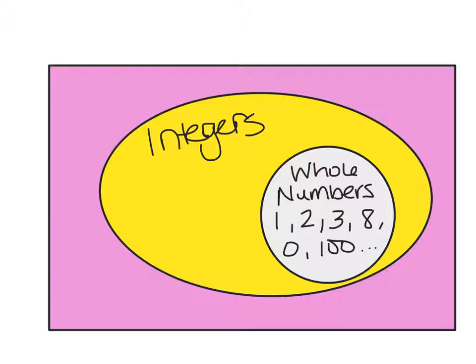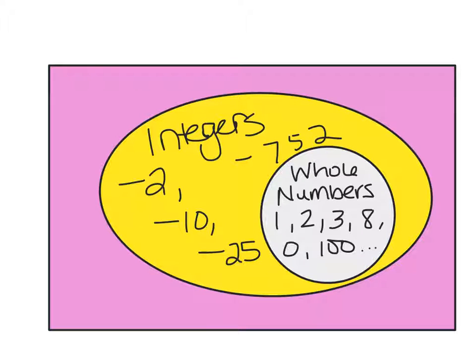In this case, we'll talk about like negative 2, negative 10, negative 25, negative 752. Okay, so what it's saying is, and let me use a different color, these integers include everything that's inside of whole numbers because it's kind of encompassed together, if that makes sense.